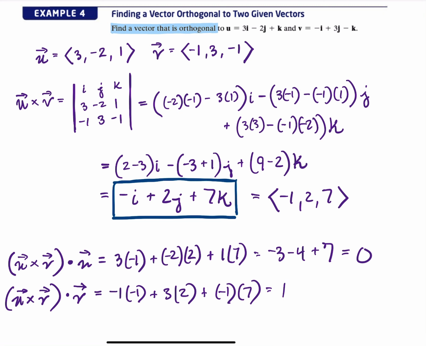So that will give us positive 1 plus 6 minus 7, which also reduces to 0. So that tells us that these two vectors are orthogonal to the vector that we produced via the cross product.